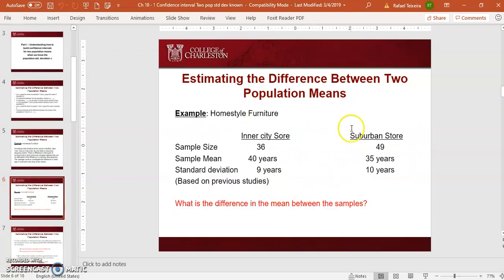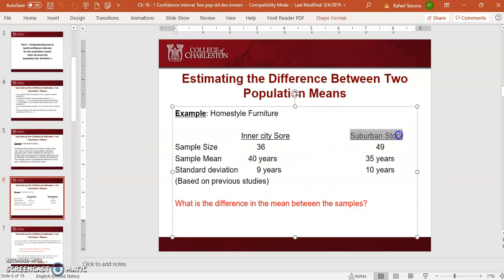Here's the example. We have the inner city store, the suburban store, and to make sure they're really different, or how different they are, and to build a confidence interval for how different they are, we collected two samples. Sample in the inner city, in the suburban store, 36 customers and 49 customers, and then we have their age.